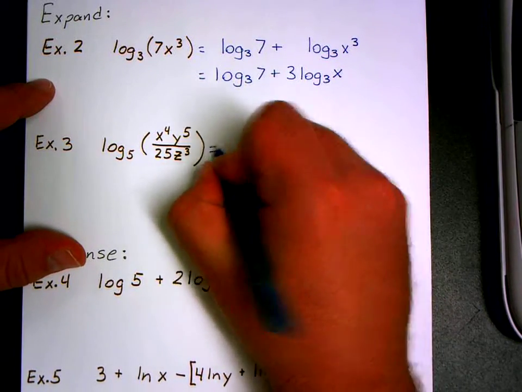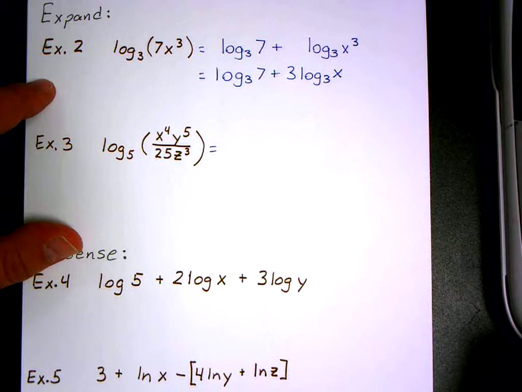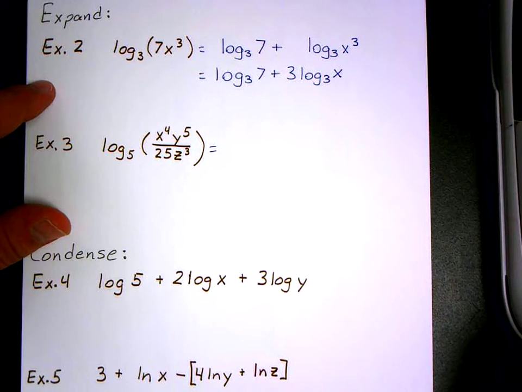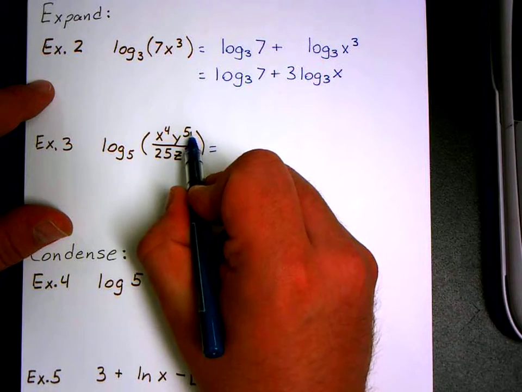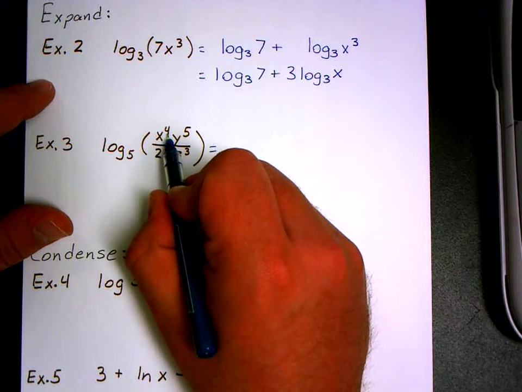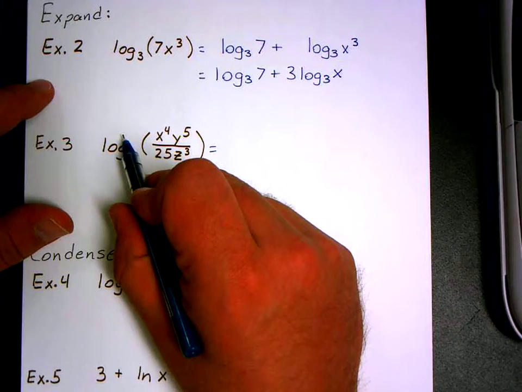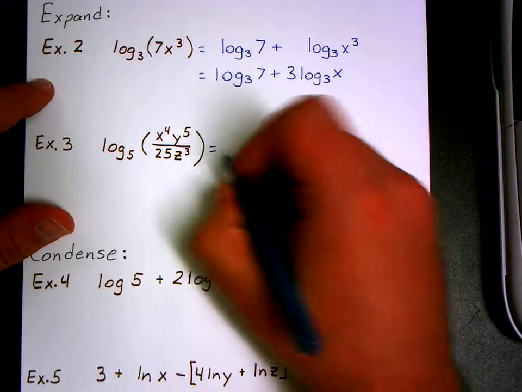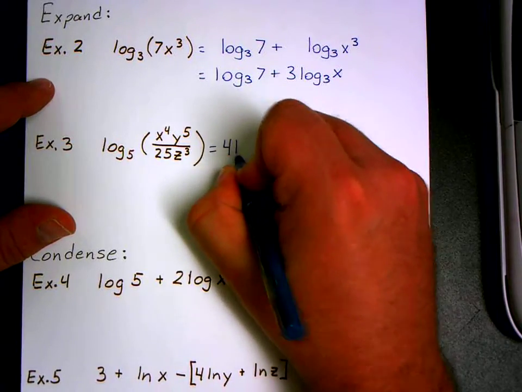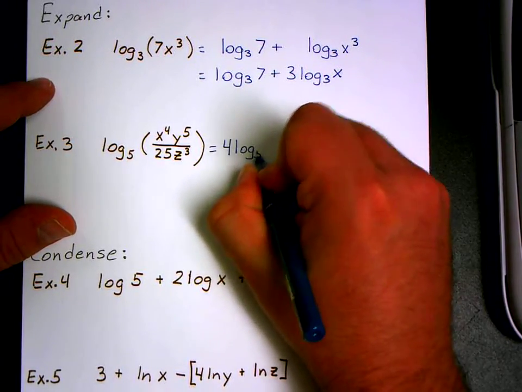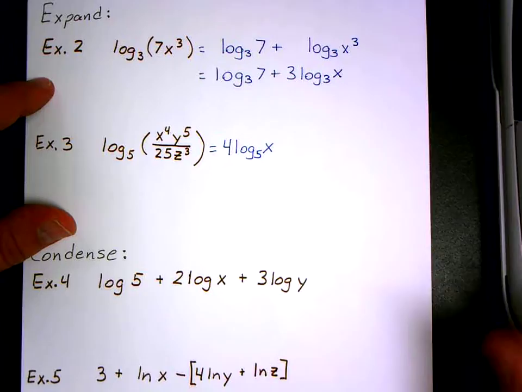Okay, so I did a harder one on the next one. If I expand that out, the top ones are multiplied together. I can take the exponents and move them out to the front. So if I start here, this 4 would be moved to the front, and I'd have log base 5 of x.